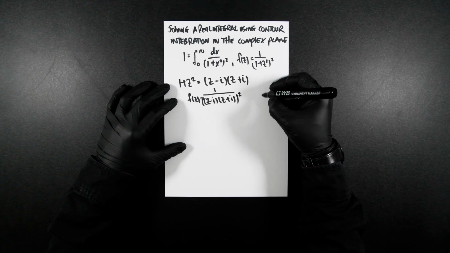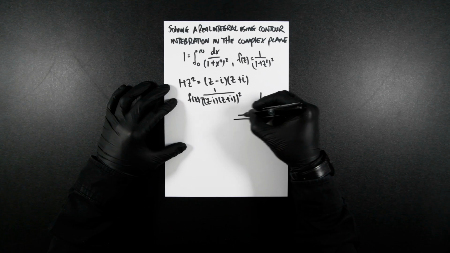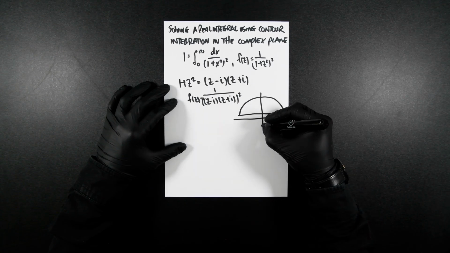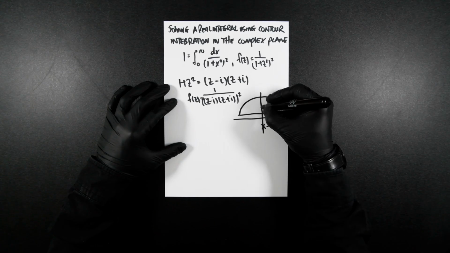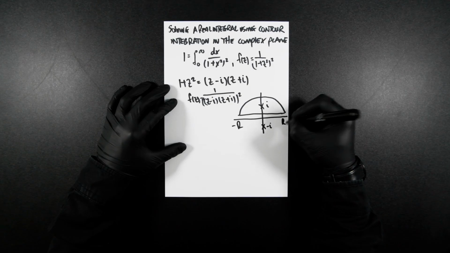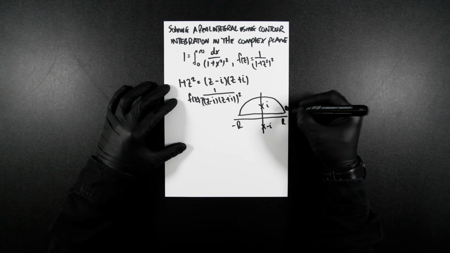I might as well just draw a quick explanation of that. So this is kind of what we're looking at. Pretend that this is symmetrical. You've got minus i here, and let's say you've got i here, and you've got minus R. Here is R, can't really fit it in, but R is here.